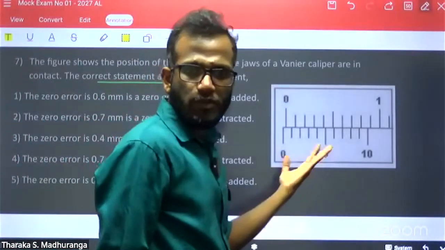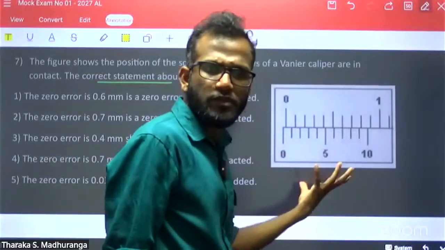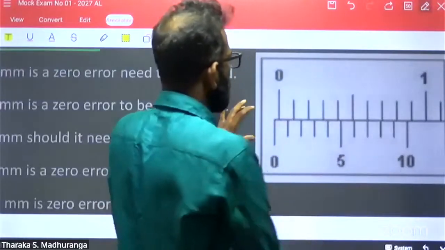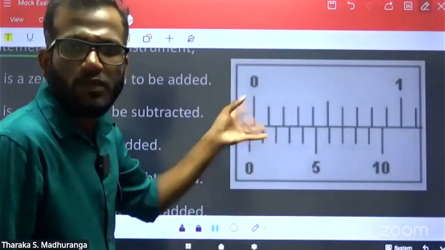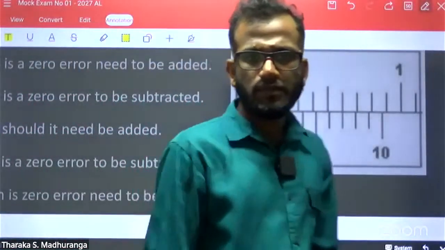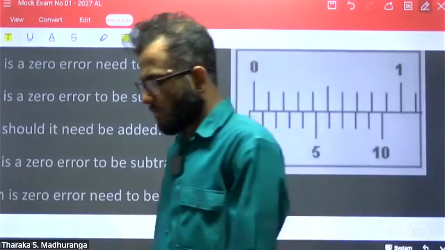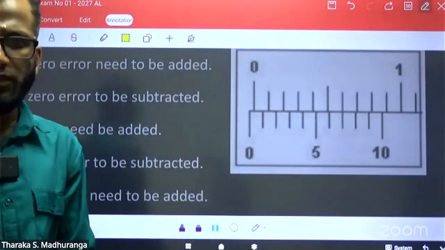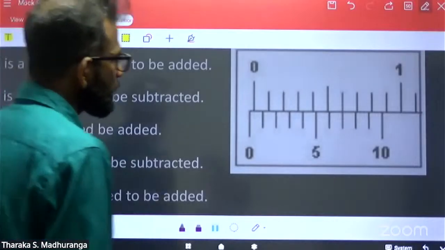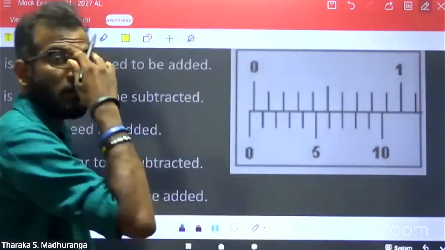Before going to the answers, is this a positive zero error or a negative zero error? Yes, it is negative.